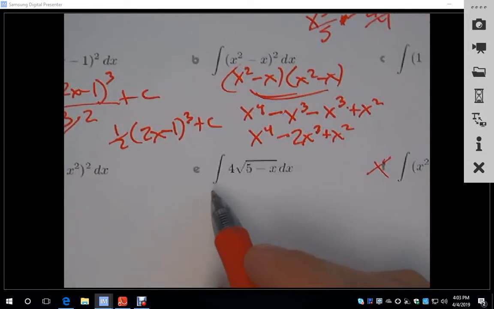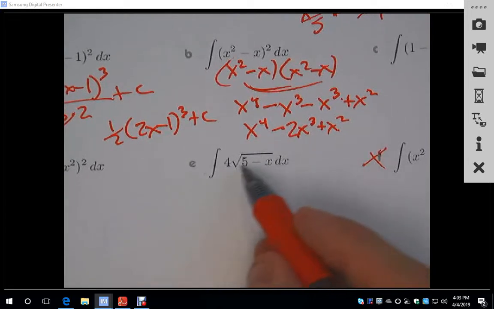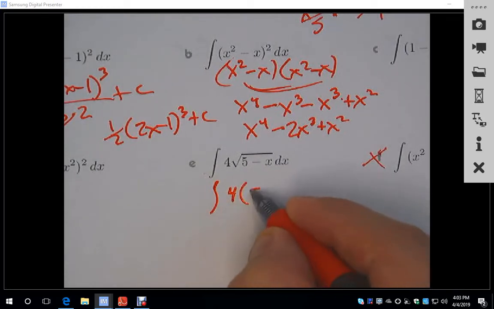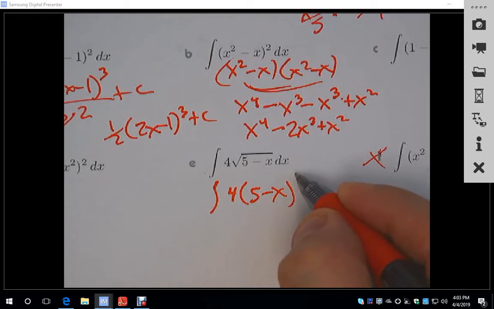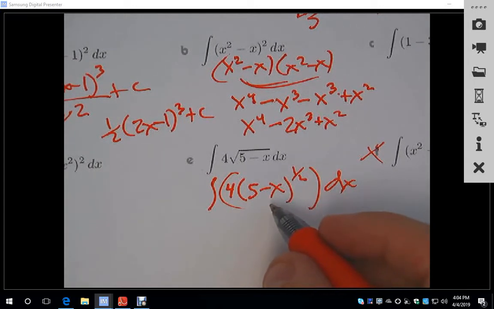So let's look at E. We have an inside function that's linear, so I'm going to just rewrite this. I have the integral of 4 times 5 minus x to the power of 1/2 dx. And so now we're just going to take the integral of the outside function.